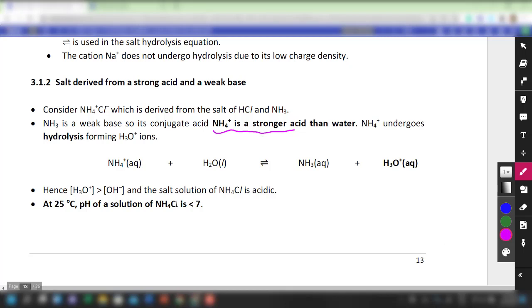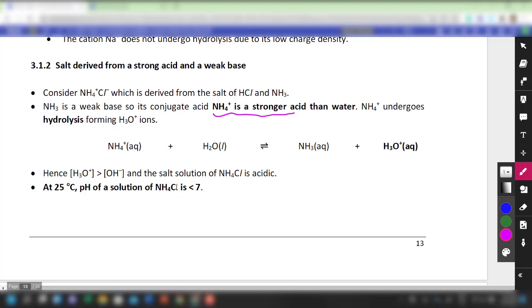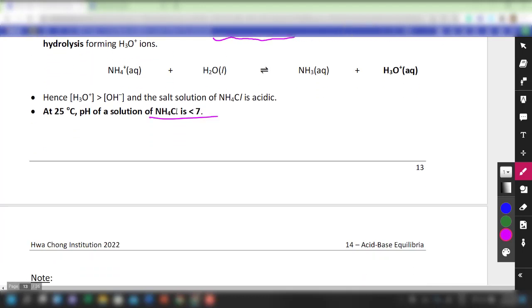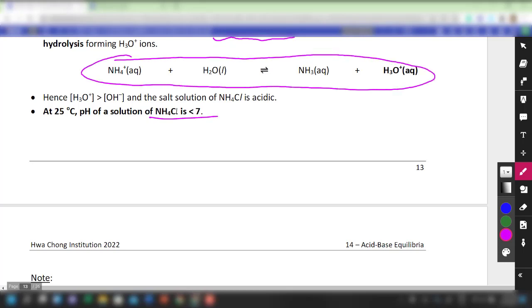These are concepts which you need to come to terms with when you are dealing with acid-base equilibrium. When you dissolve ammonium chloride in water, you get an acidic solution, because the ammonium cation undergoes partial hydrolysis with water, and in the process generates a surplus amount of H3O+.